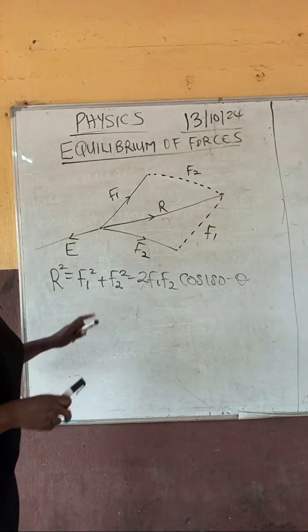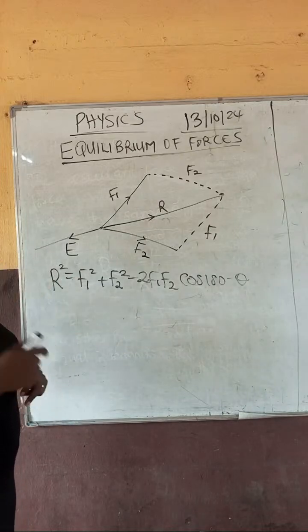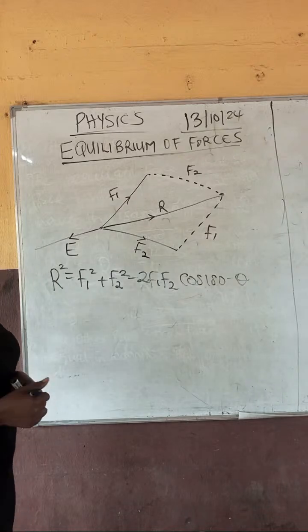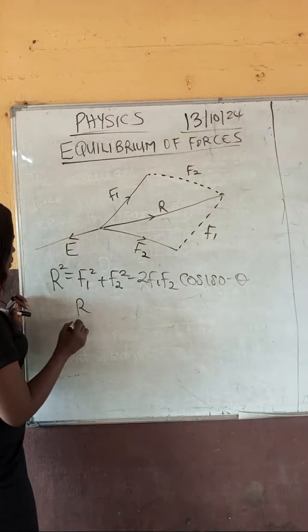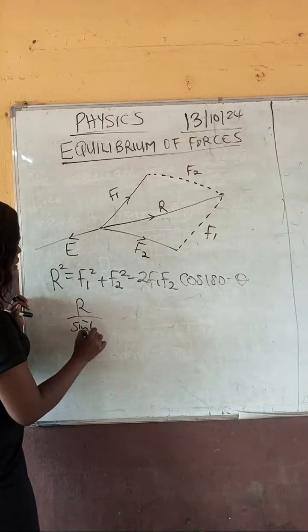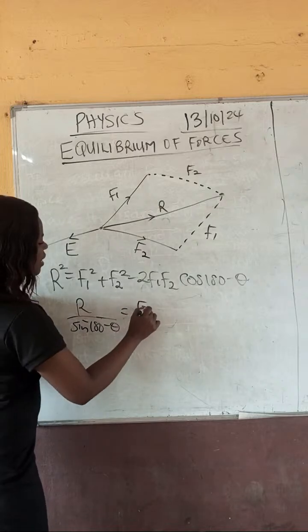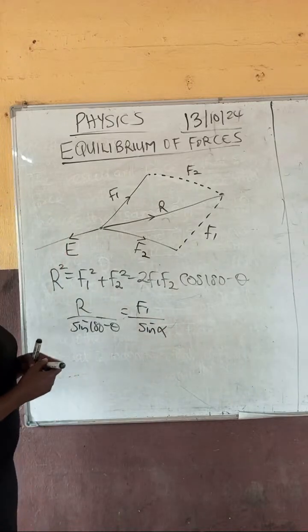You are using this cosine rule to get the resultant vector, right? And because it is a vector, we must solve for magnitude and also solve for the direction. Now I'm going to use the sine rule for the direction, which says that R over sine (180 minus theta) is equal to F1 over sine alpha.